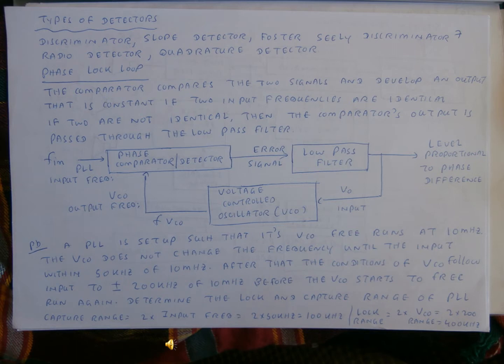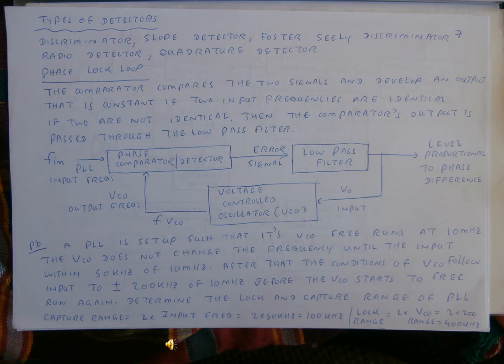The two frequencies are compared in the phase comparator, and an error signal is produced. The error signal passes through the low pass filter, and the output level is proportional to the phase difference. There is also the feedback input, passing through the voltage controlled oscillator and fed to the phase comparator. So this is the block diagram of the phase-locked loop setup.